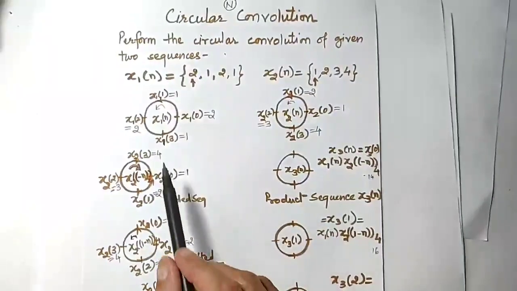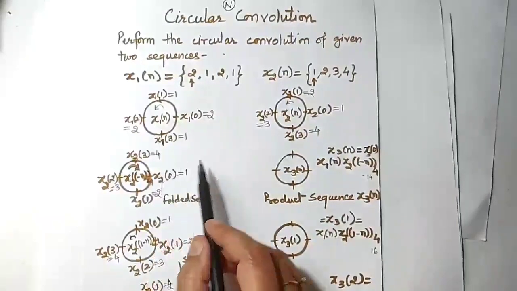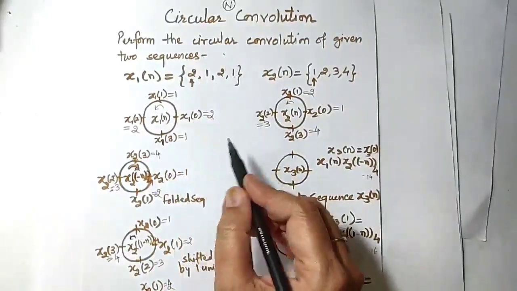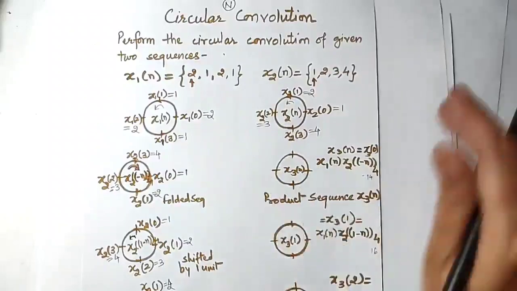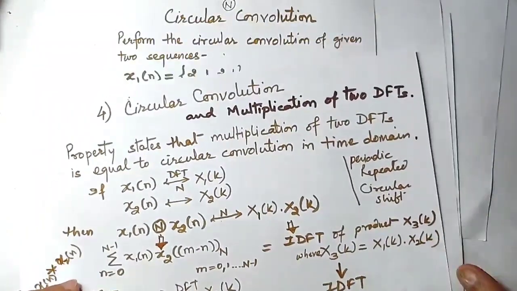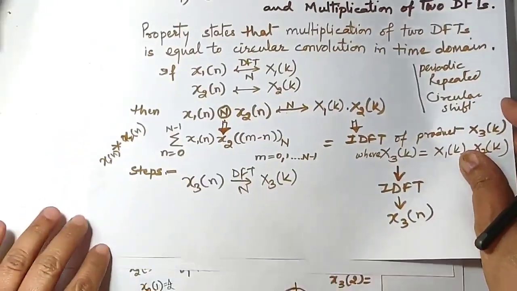Now let me review the process. If you know the steps of circular convolution, what were they?